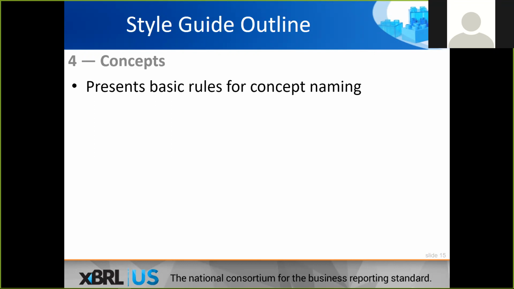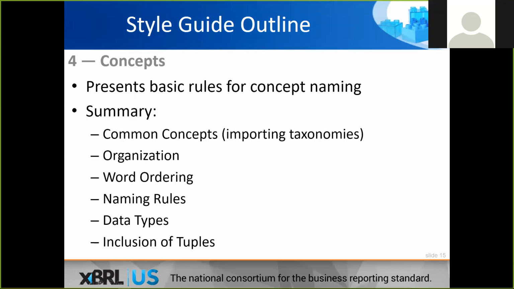So basically what we're doing is presenting some basic rules for the naming, and in the summary, it's kind of common concepts. This is where you're going to have a lot of inconsistency going forward, and we recognize that, because when you import taxonomies, you're importing all the good stuff and all the baggage too. Let's take UGT.